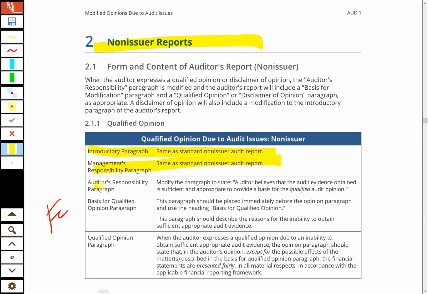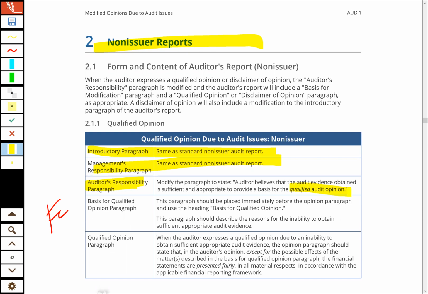Auditor's responsibility, and notice something interesting, guys, here. The auditor's responsibility paragraph, that one little sentence down there that just said the basis for our opinion, now it's saying the basis for our qualified opinion, but notice it doesn't say GAS qualification. So up until now, this is exactly the same thing you would do if it was a GAAP qualification.